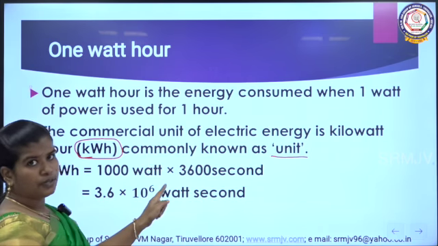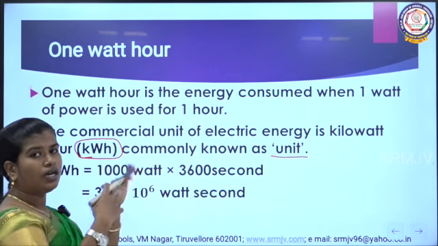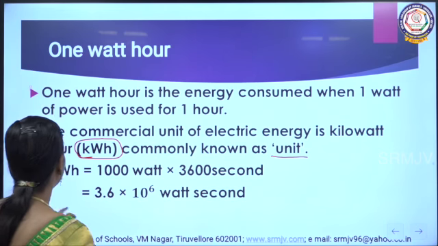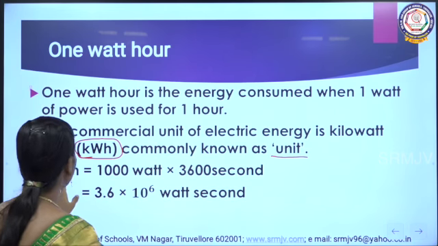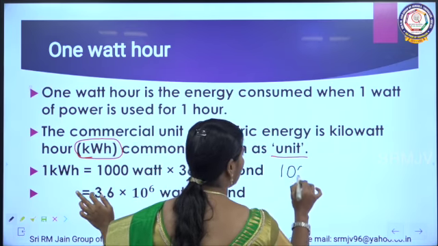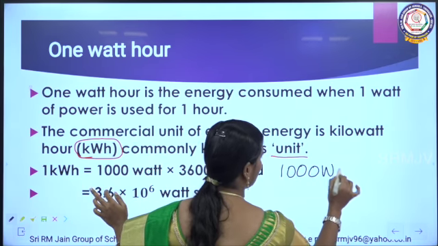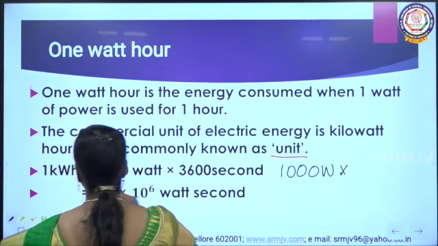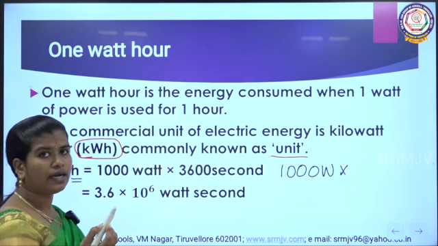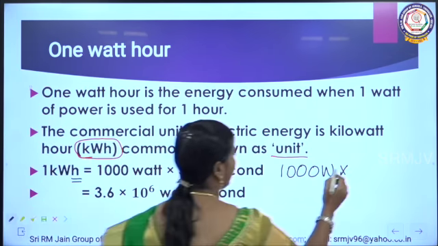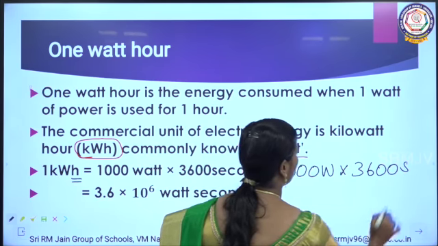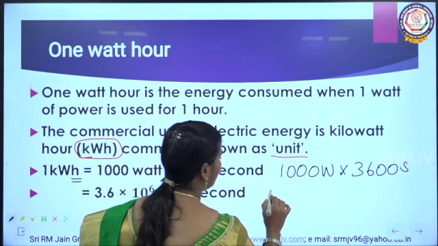There is a relationship between 1 kilowatt hour and joules. 1 kilowatt hour is nothing but 1000 watts into 1 hour. 1 hour we need to write in seconds, that is 3600 seconds.